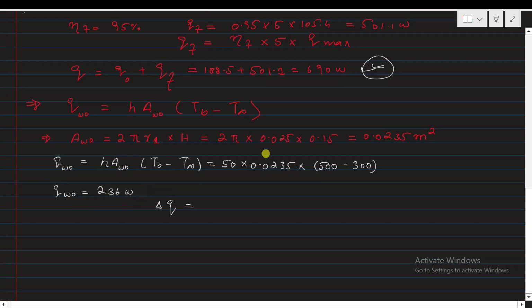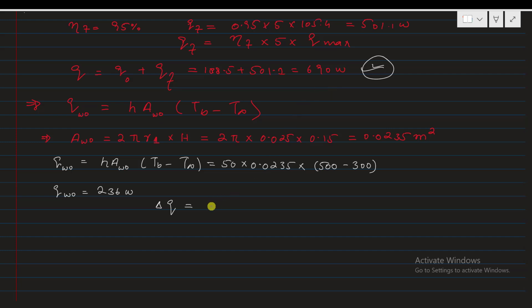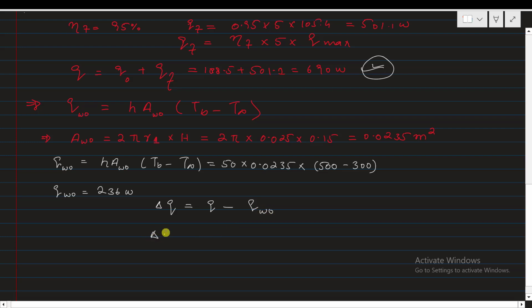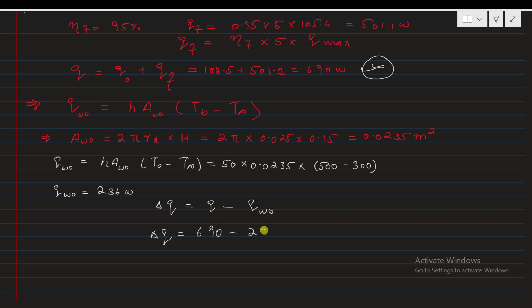So the increase in heat transfer you will observe by adding the fins to the engine cylinder is Q minus Q naught. So the increase in heat transfer is 690 minus 236, and you will get the answer in watt. So almost 2.6 times heat transfer increase occurs by adding the fins to the engine cylinder.